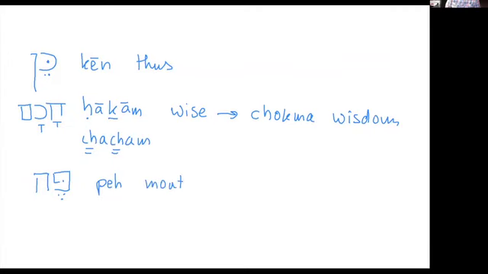So the name of the letter is the same as the word mouth. And you have the word kaf, with a line under it because there is no dot in the pe, and that means hand.